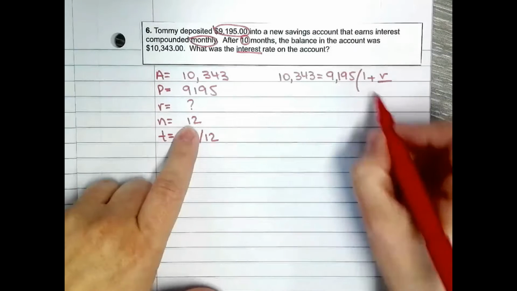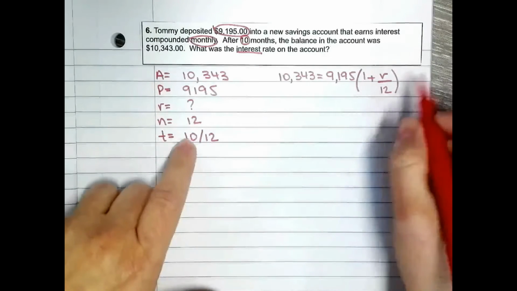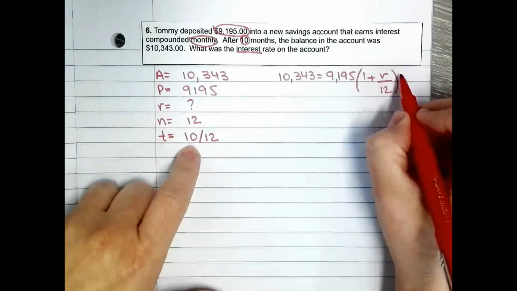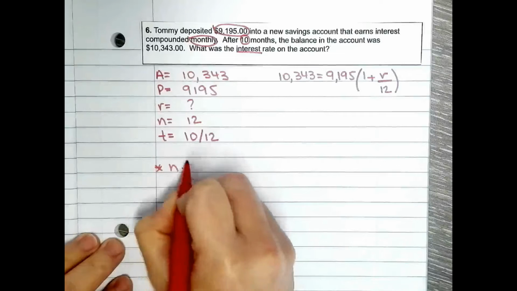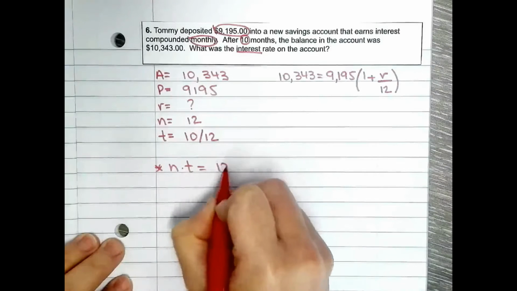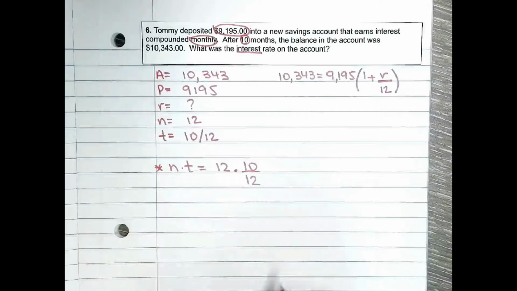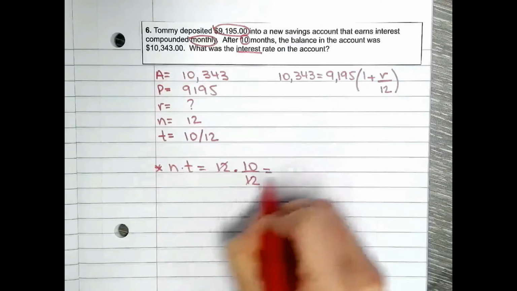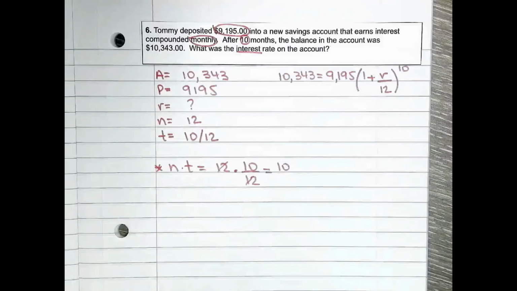But I do know the rate over n, everything raised to the power of n t. I'm going to do a little side note right here. N times t, n is 12, t is 10 over 12. I multiply that, I get 10. So I'm going to have 10 right here on the exponent.